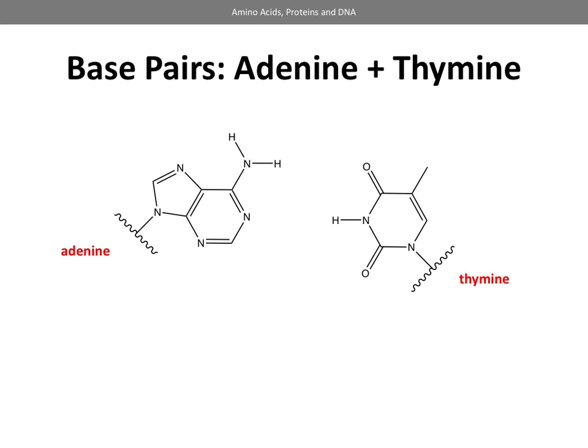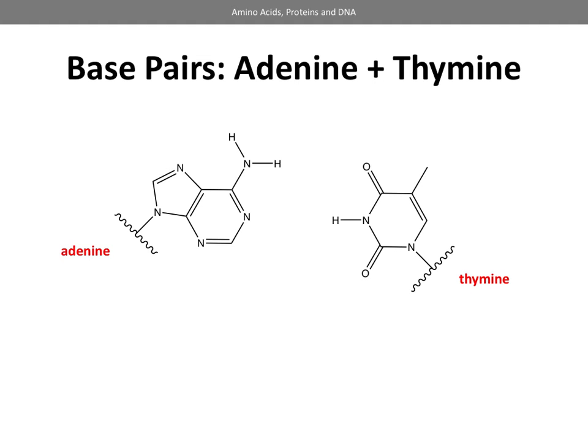Now, particular bases pair with each other, and this is one of the key areas regarding this part of the A-level chemistry course, recognizing both which bases pair with each other and how they do that. And we saw that the consequence of that was the double helix. So these would be bases on two separate DNA strands.